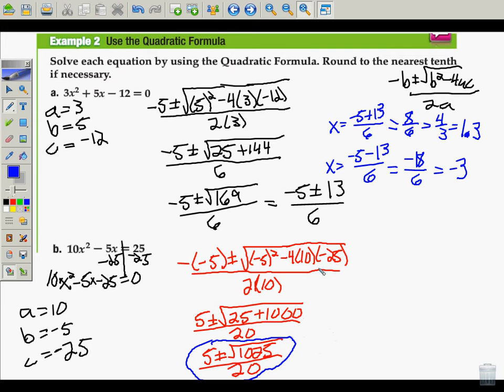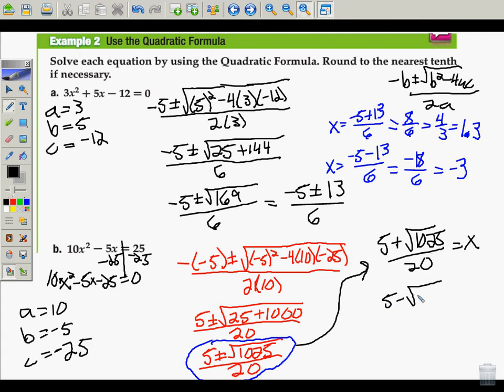You take it at this point and you split it into your two answers. You do 5 plus the square root of 1,025 all over 20 equals x, and you do 5 minus the square root of 1,025 over 20 equals x. This is showing me your work, and then you can just give me the decimals.